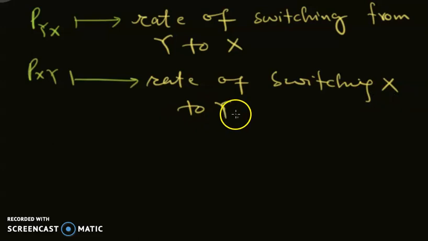In other words, this is the rate by which the people will switch from y to x, and here x to y.